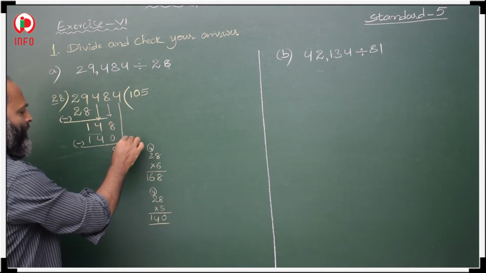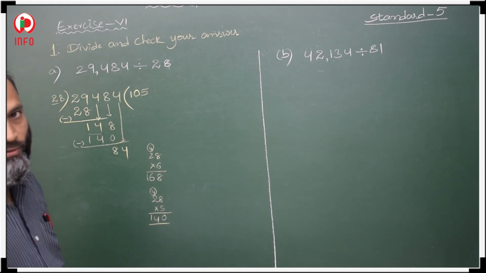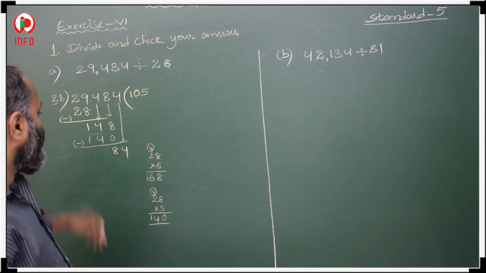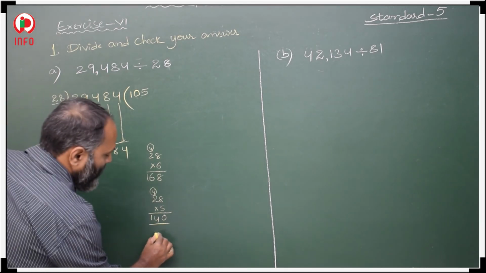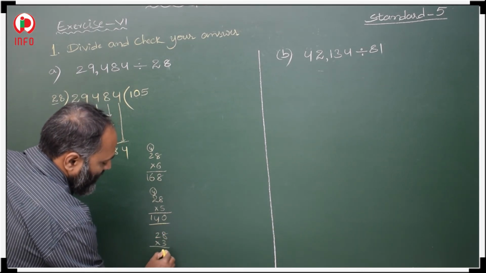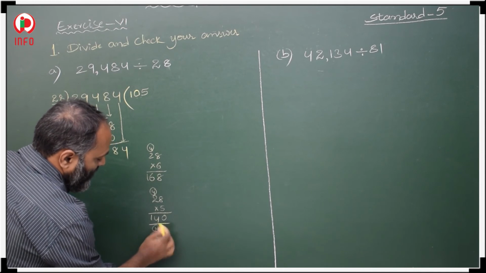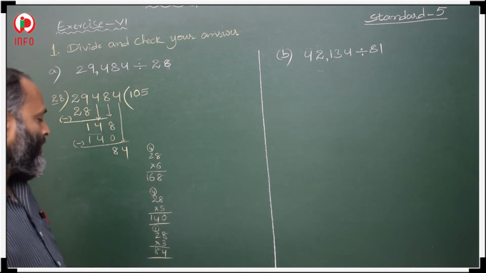Then after that we have to take 4, the very next number. Now 84. When will we get 84? 28 threes are. Once you check 28 threes: 3 8s are 24, 3 2s are 6, 7, 8. This is 84.